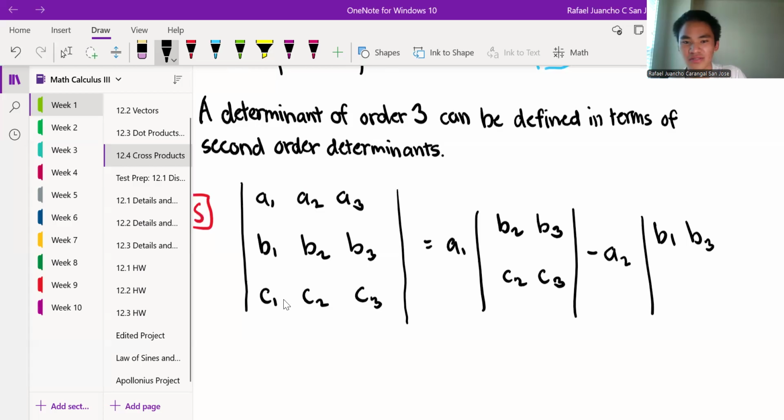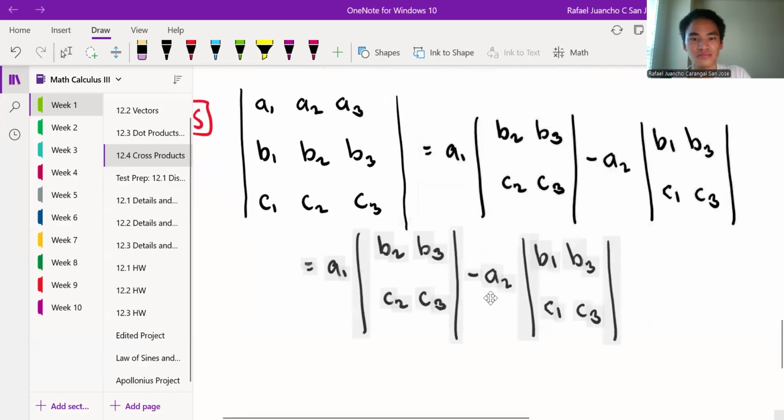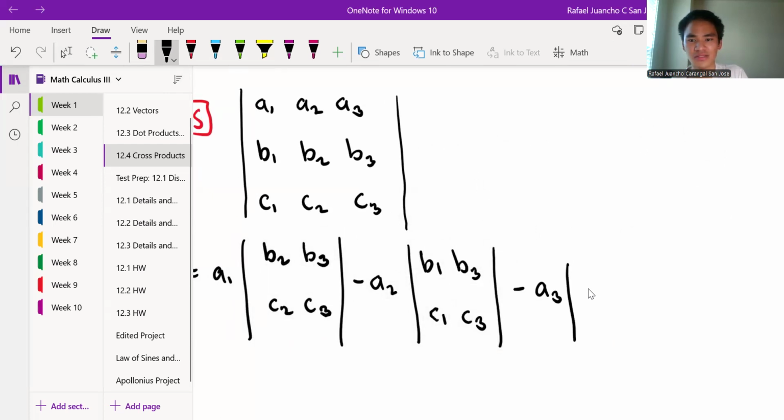I'm gonna write the notation and explain it later. C1, C3. Oops. Probably should have done it on the other side. Yeah, I'll do the other side. Then we're subtracting it again, A3, and this is B1, B2, C1, C2.